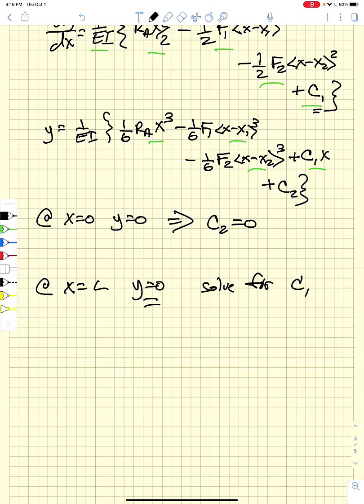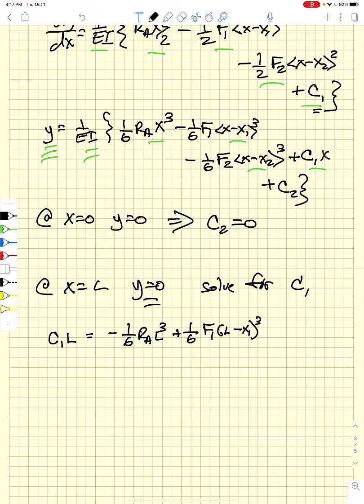How do we do that? Well, we set y equal to 0, multiply through by EI, and we get that C1 times L is going to be equal to minus 1/6 RA L cubed plus 1/6 F1 (L minus x1) cubed, normal brackets now, plus 1/6 F2 (L minus x2) cubed. That's all we have.